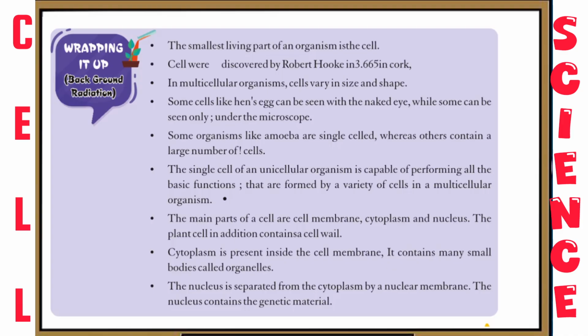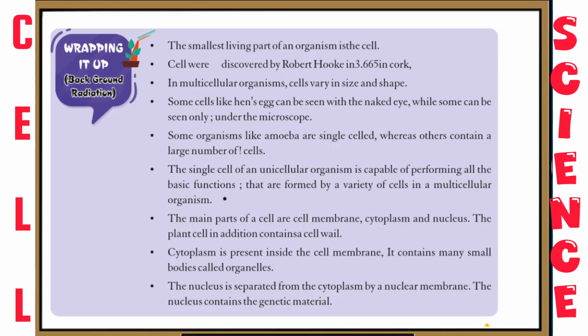Next point, some organisms like amoeba are single celled, whereas others contain a large number of cells. The single cell of a unicellular organism is capable of performing all the basic functions that are performed by a variety of cells in a multicellular organism.